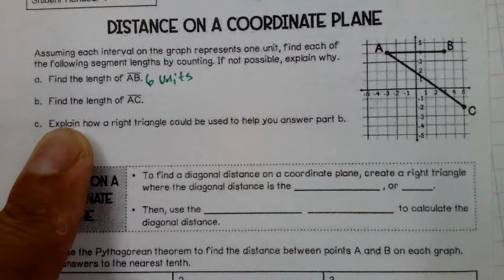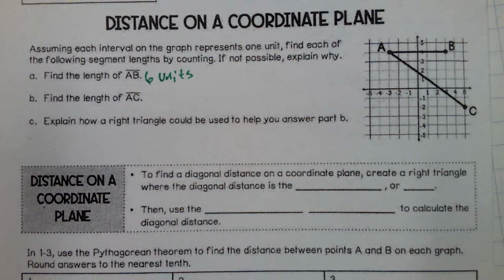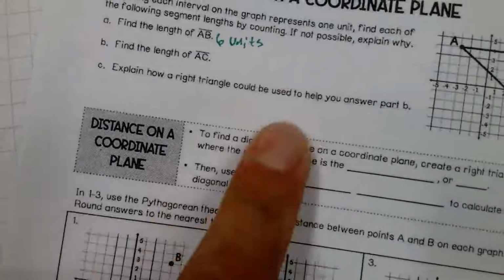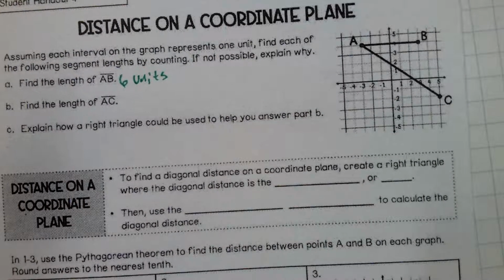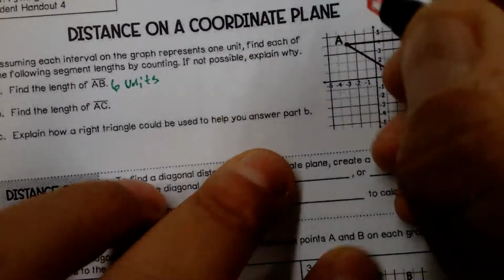Let's answer this one. Explain how a right triangle could be used to help answer part B. What part of a right triangle does AC look like? Hypotenuse.